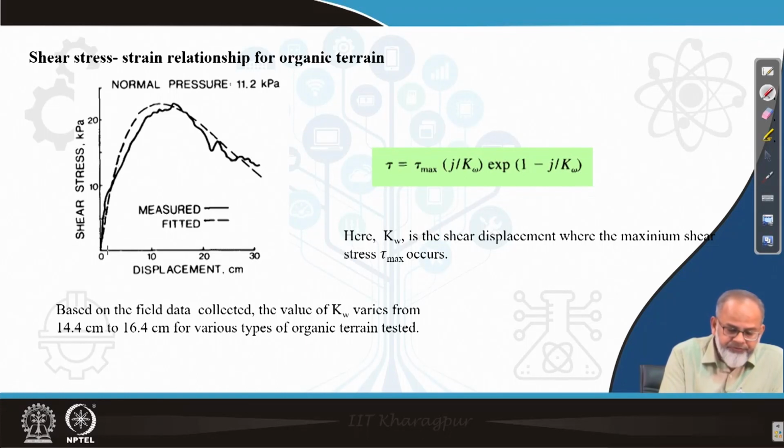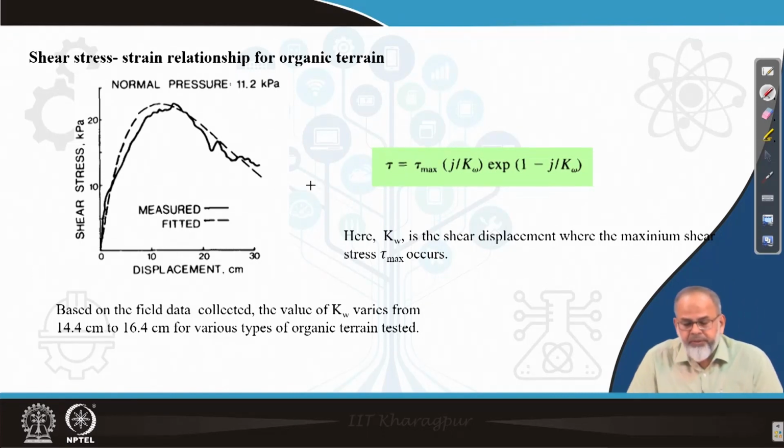Now if I best fit this one, the best fit curve is given by this dotted line, and the equation to that is tau is equal to tau max into j by kw into e to the power 1 minus j by kw. Here kw is the shear displacement where the maximum shear stress occurs.